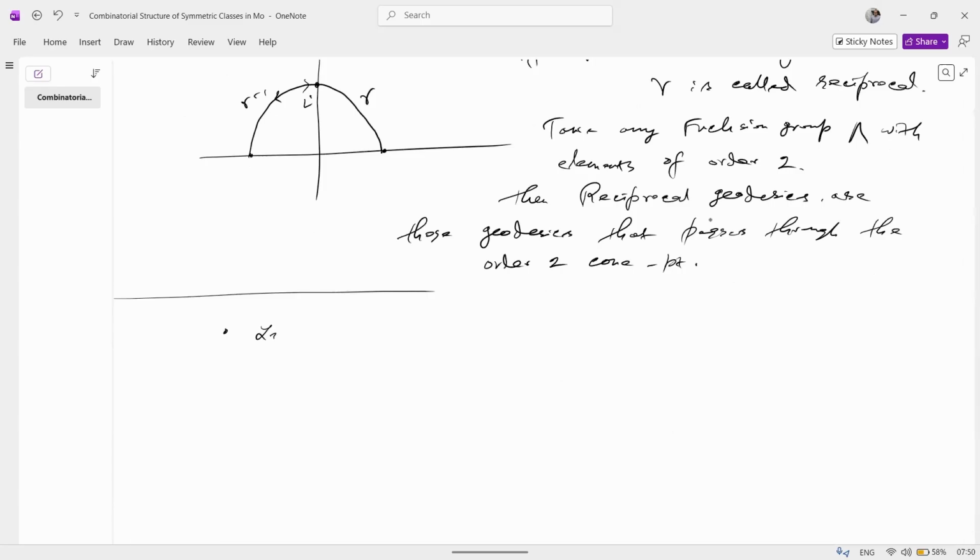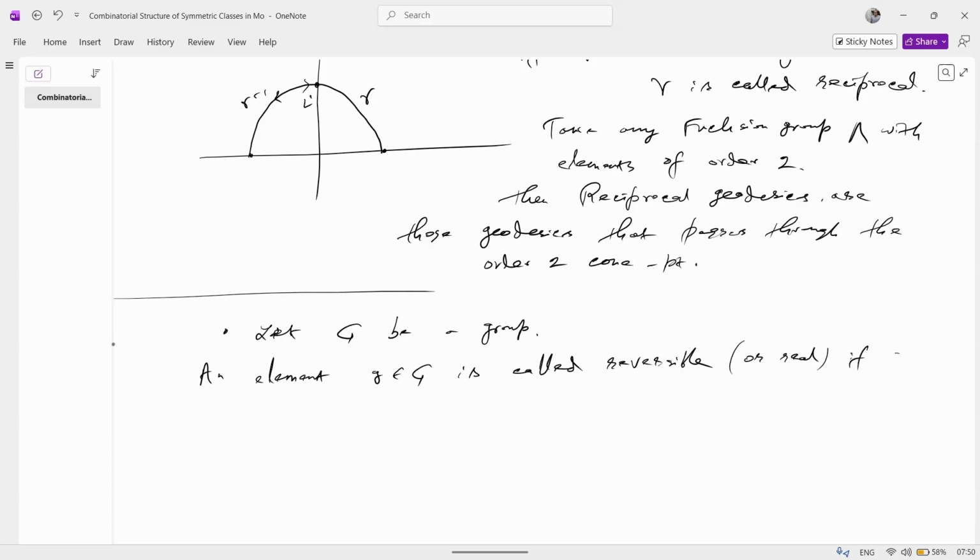So let G be a group. An element g in G is called reversible, also known as real, if g is conjugate in G to g inverse. That means there exists h in G such that g inverse is h g h inverse.